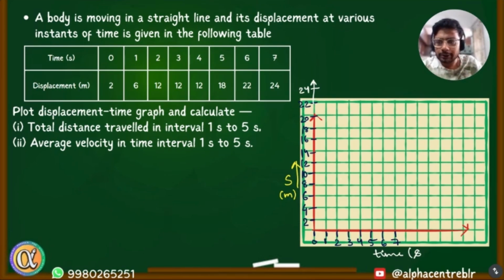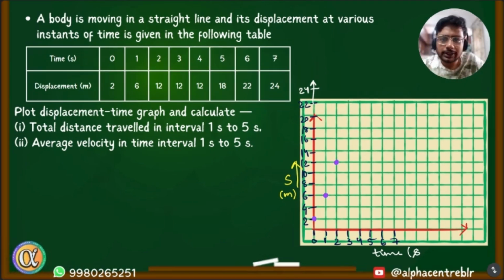At 0, the displacement is 2. So this point here. At 1 second, displacement is 6. Okay, tell me if I'm doing it right. Is that correct? At 2, the displacement is 12. Third second, do I draw it here, Vanshika? Yes, sir.